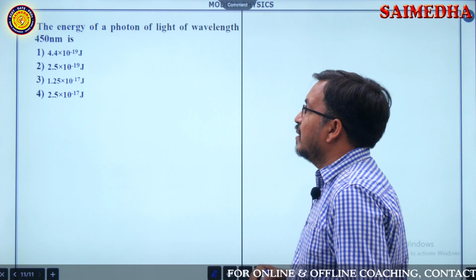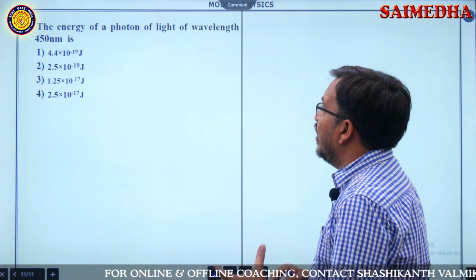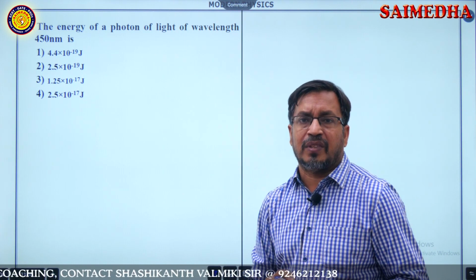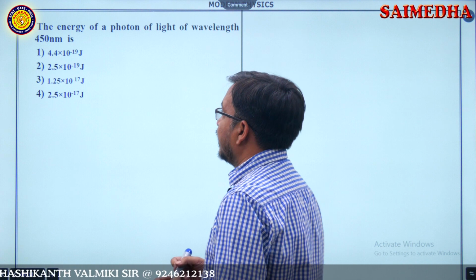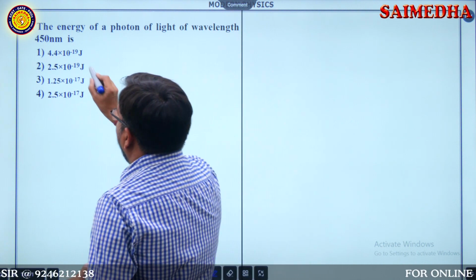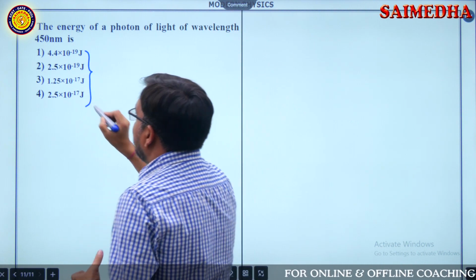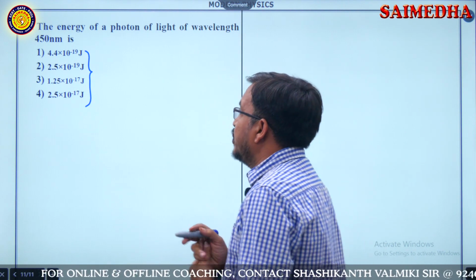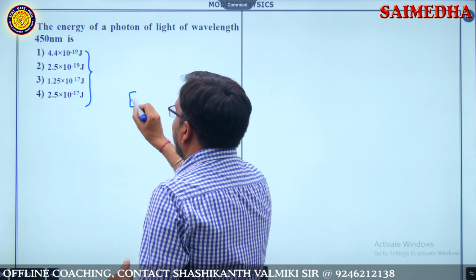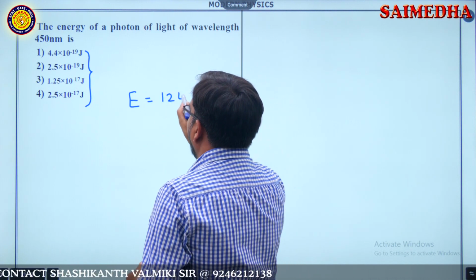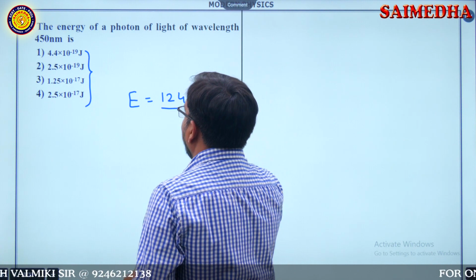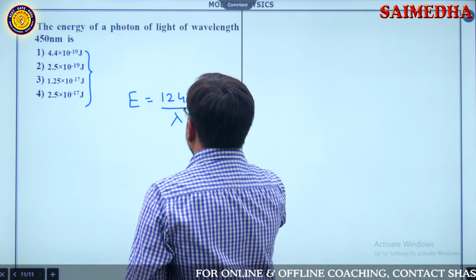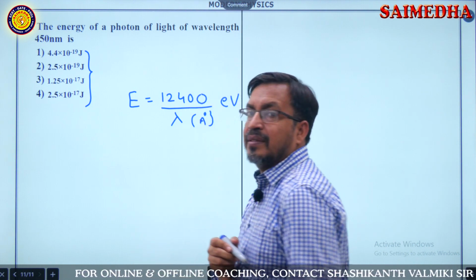See here students. The energy of a photon of light of wavelength 450 nanometer, a direct question. Here it is asking for energy, and very important, in what units? Joules. Actually energy E equals 12,400 by lambda, where lambda is in angstrom, and then the energy units are electron volts.